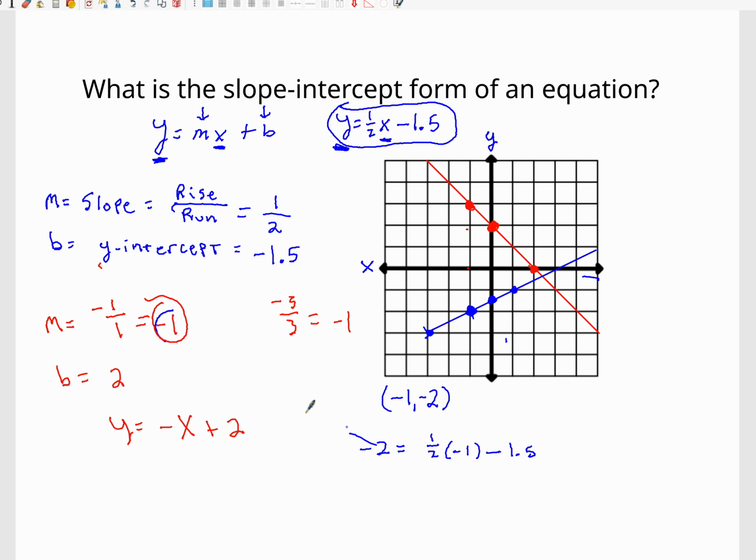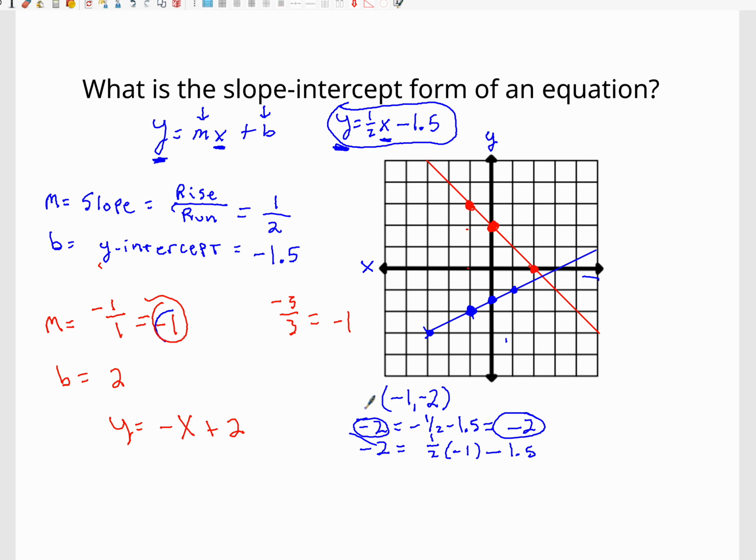I can't write any lower than that, so I'm going to go up above it. So -2 equals -1/2 minus 1.5. What is -1/2 minus 1.5? It would be -2. And that's what we want it to be. We want -2 to equal -2.